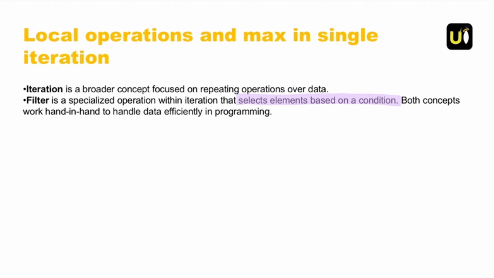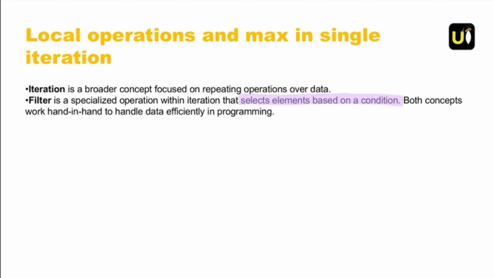In our last example, we just needed one male student, but let's say we need all the male students from the entire class. So here our filter is the male students, right? So our code will be something like if gender is equal to male, then increment count. So this would be a filter here.